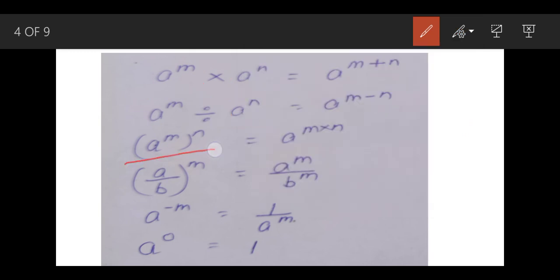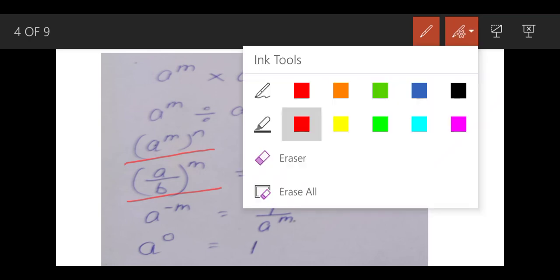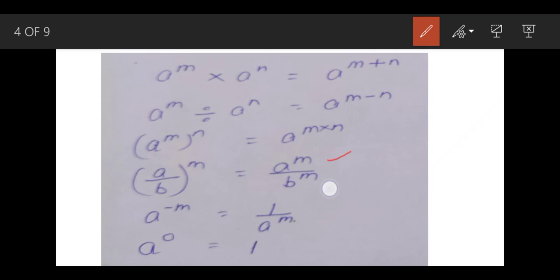Now power to the power means a to the power m whole power n. Power to the power will be multiplied, and will become a to the power m into n. If a upon b to the power m, we can separate it as a to the power m upon b to the power m.